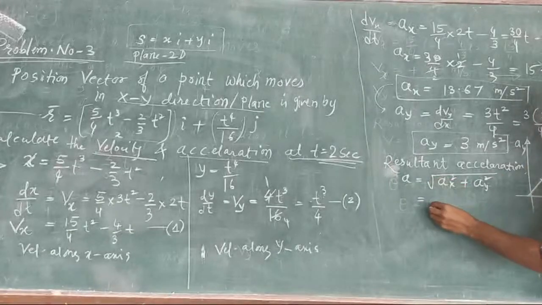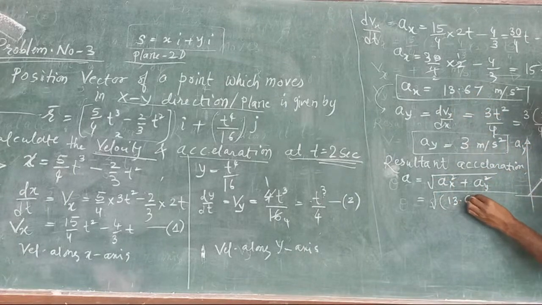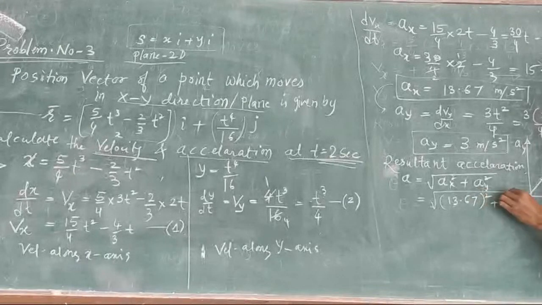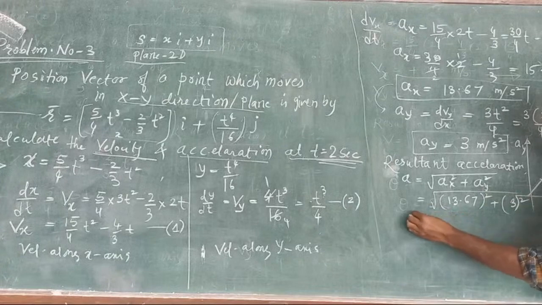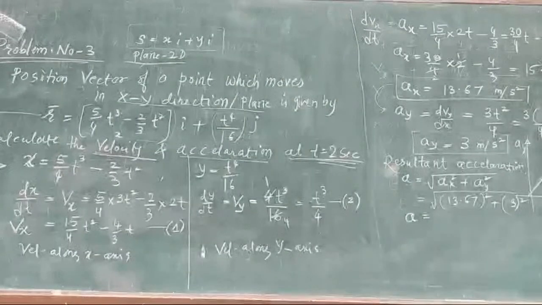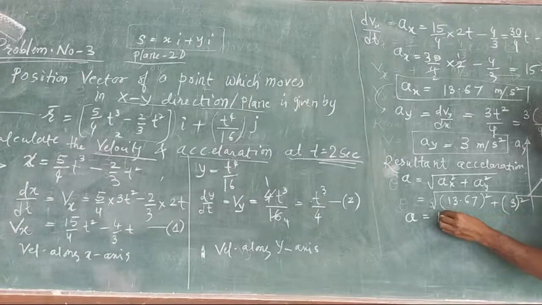Now what is the value here? ax we obtained 13.67 whole square plus ay 3 square. So this is the acceleration. From this calculation, after calculating in the calculator, I obtained around 13.99.